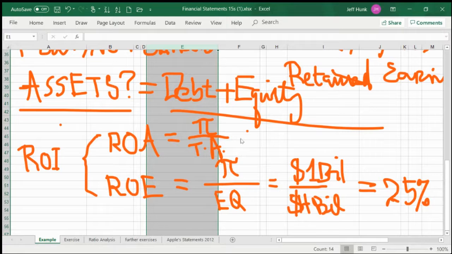Plant and equipment, that $10 billion capital is asset, total asset. And what is asset? Assets are the machines to generate income, right? The sole purpose of an asset is to generate income.